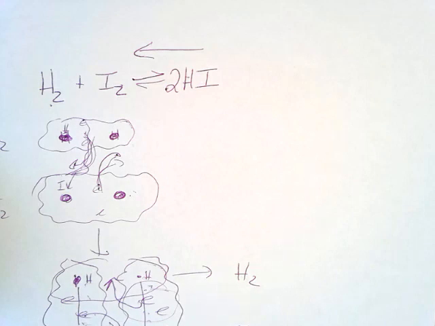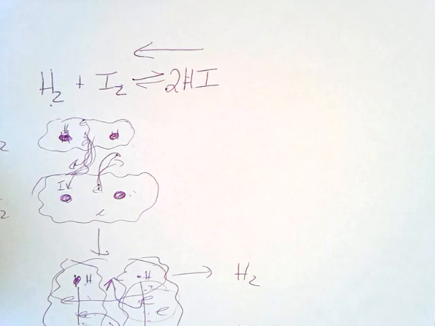The concentrations of the H2 and the I2 and the HI no longer change like they did at the beginning of the reaction. You have reached an equilibrium state where the rate of the forward reaction is equal to the rate of the reverse reaction.